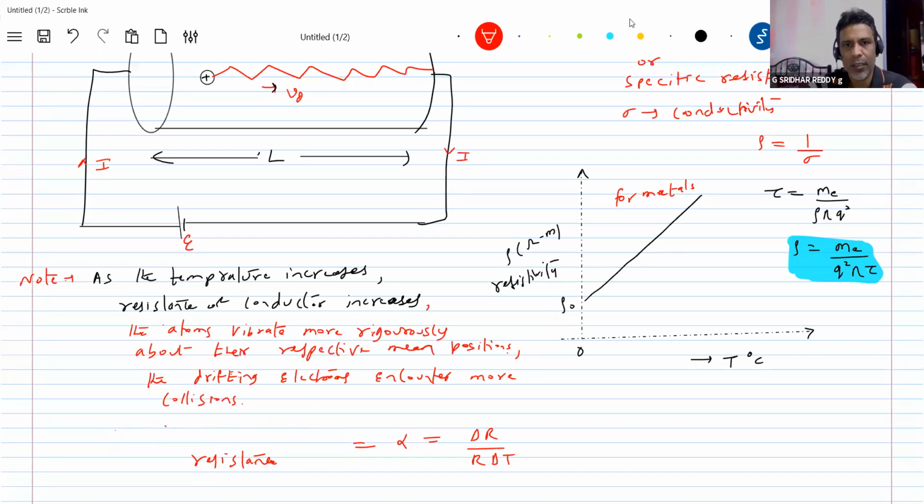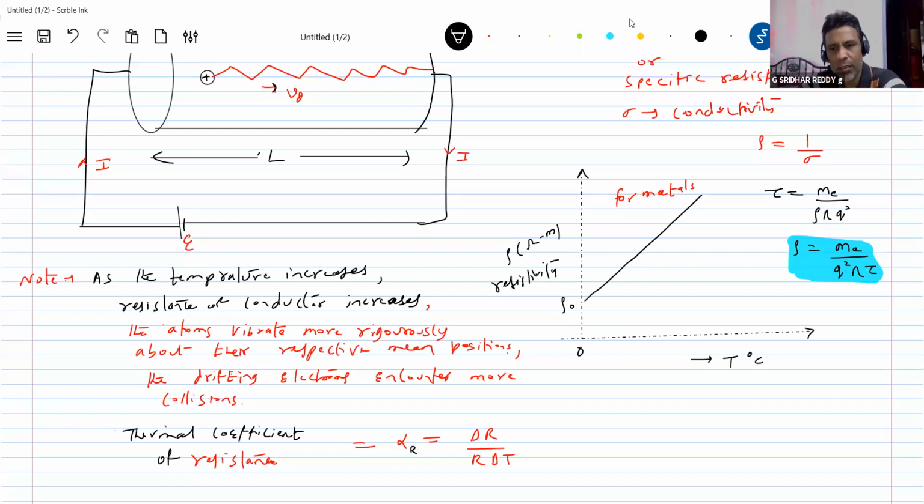Temperature coefficient of resistance. This alpha, let me use the subscript R. Alpha, which is the coefficient of linear expansion, is different; this is the temperature coefficient of resistance. So definitely the resistance will vary.